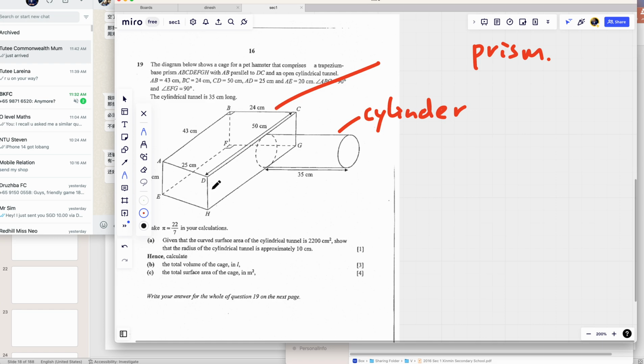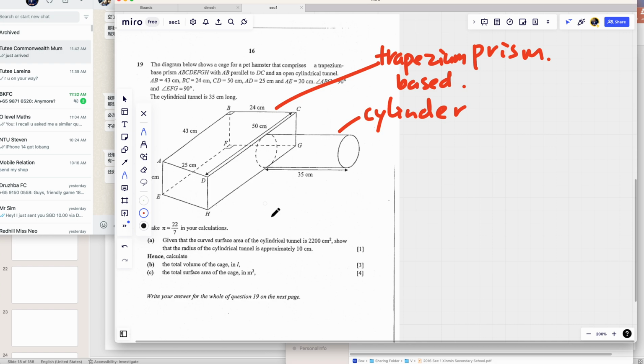No. They say what? Trapezium. Oh, yes. So it's a trapezium base prism.